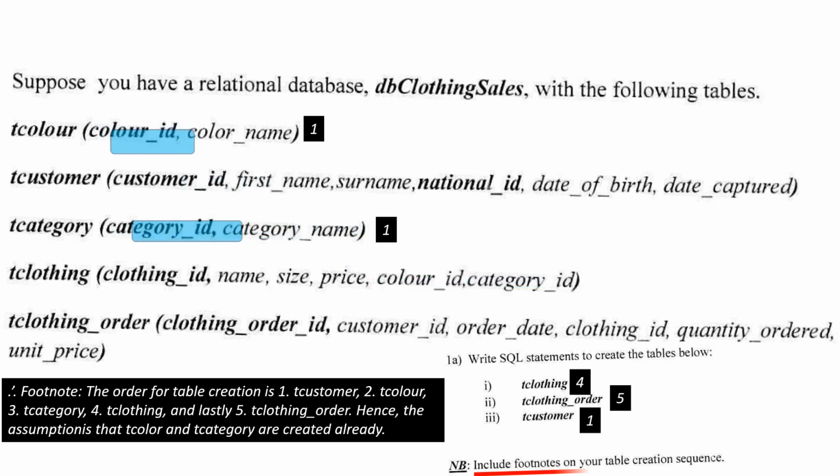Right. So this is how you write your footnotes. Here I just gave you a highlight to say the assumption is that T color and T category are created already for me to create T clothing. For me to create T clothing order, I must have created T customer and T clothing first of all, then you start to create your 3 tables, only the tables that you are asked to create.